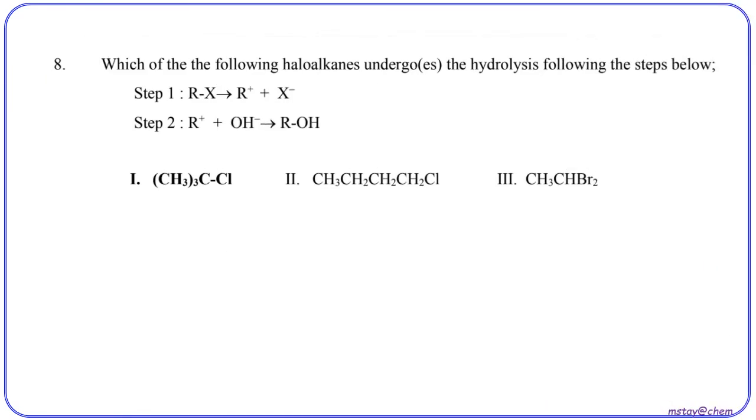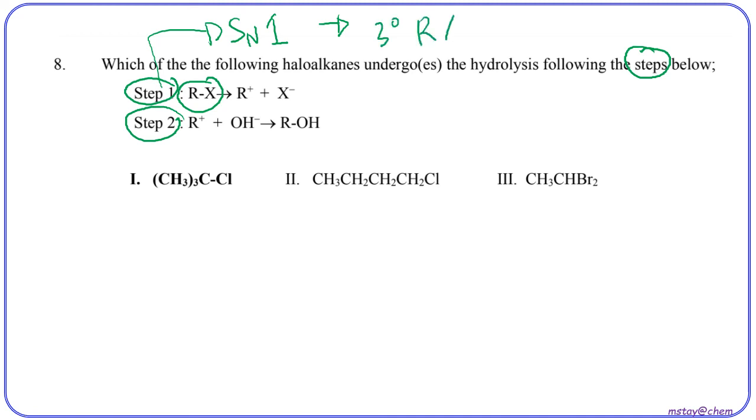Okay, next question number 8. Which of the following can undergo the hydrolysis as in the following steps? We can see there is step 1 and step 2, so again it is referred to as SN1, because in step 1 only 1 reactant is involved. SN1 prefers tertiary haloalkane.